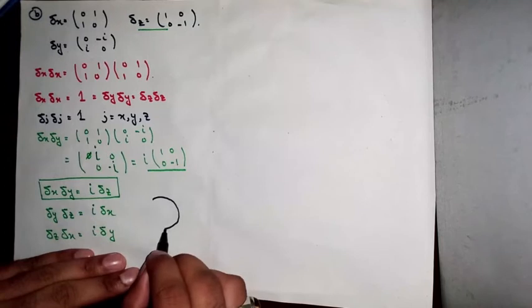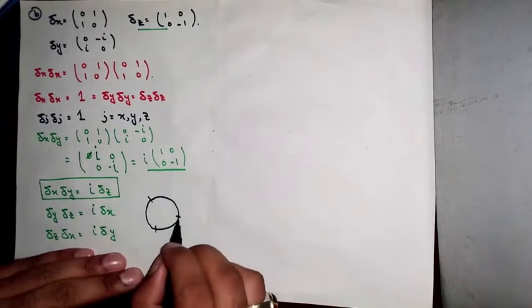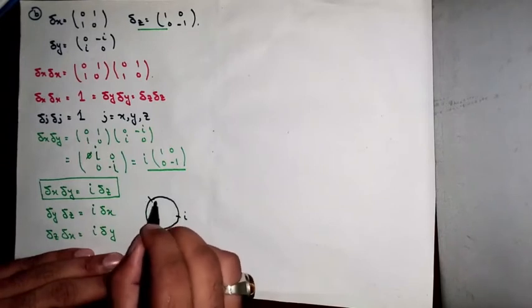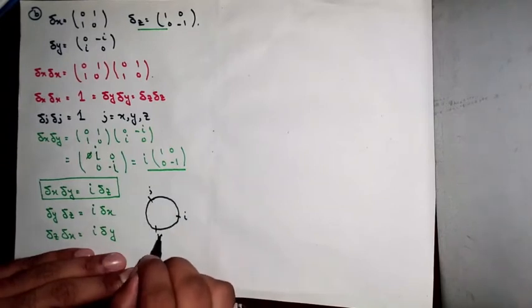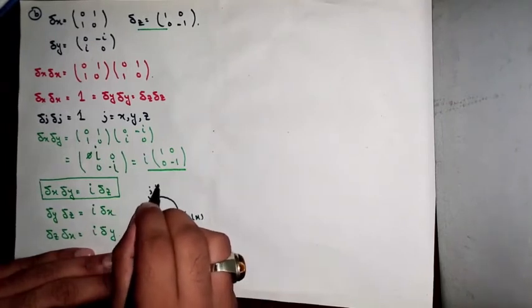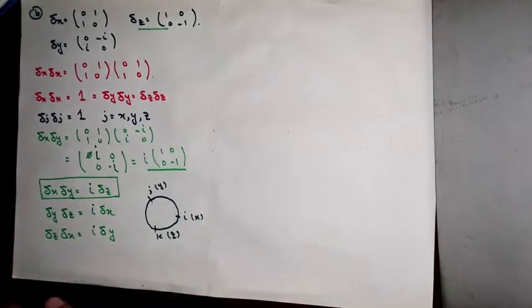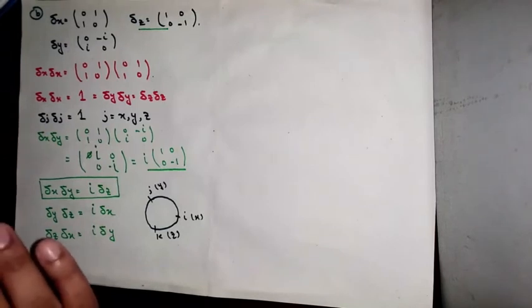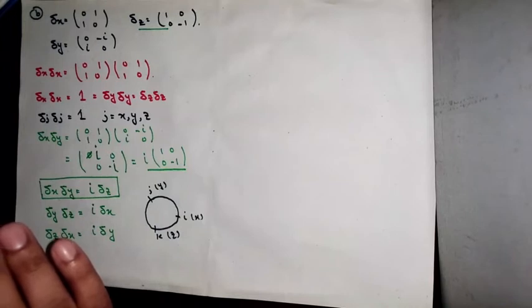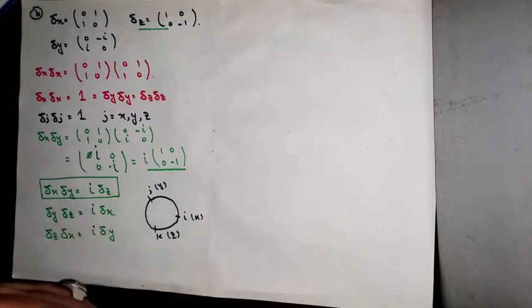Let's suppose this is some circle, and here I put the suffixes i and j, and let's suppose this is k, and this is in x, y and z. So according to the suffix rules, if we change the places of the suffixes, the sign will be changed to negative, which means we reverse this.